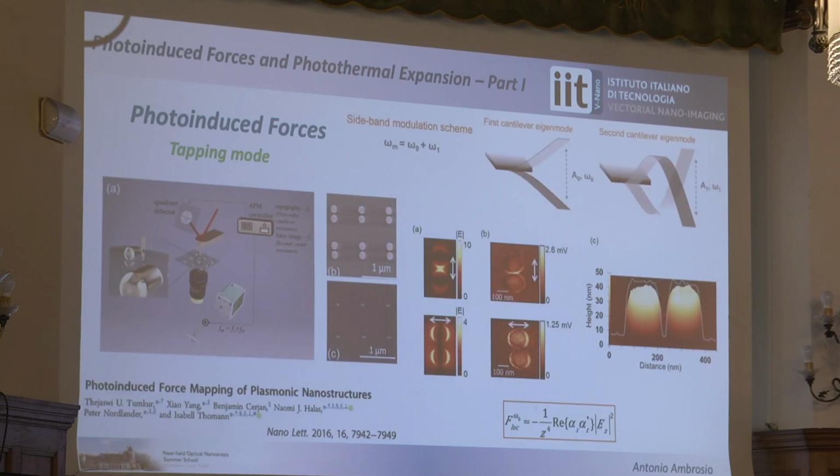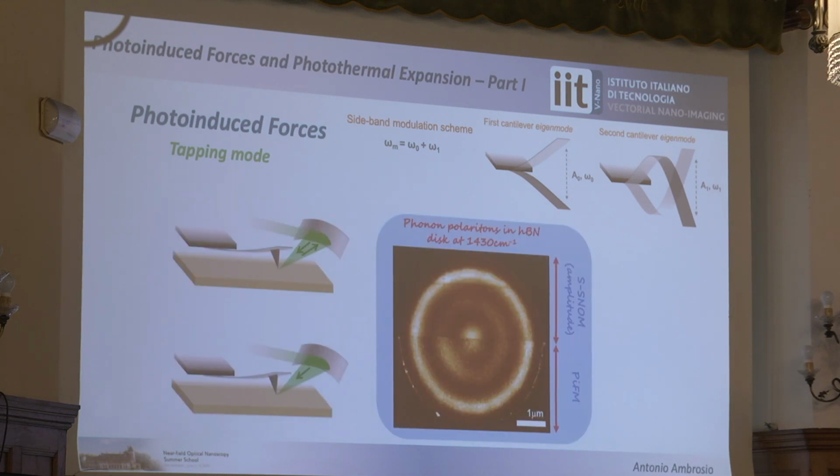And of course, at that point, you can do it also with antennas, right? These are plasmonic antennas in metals. Or I did it again in HBN, right? I produced this kind of image saying, this is what you get with scattering amplitude, and this is what you get with photoinduced force microscopy.